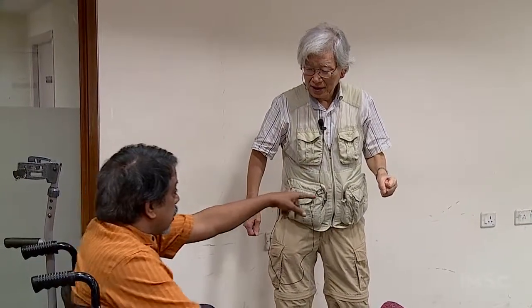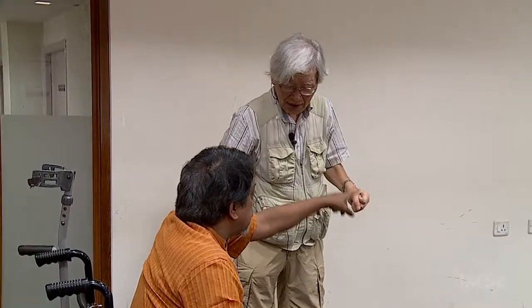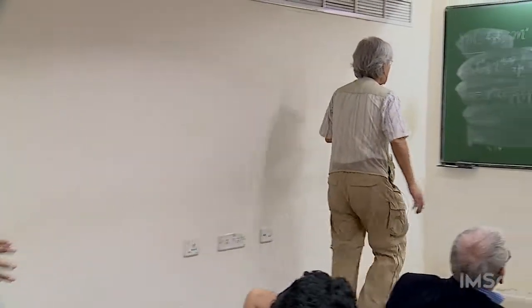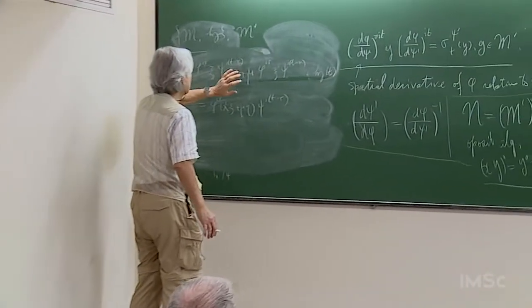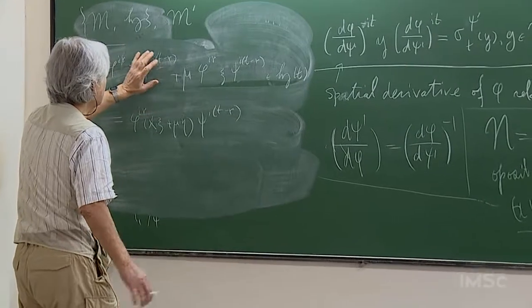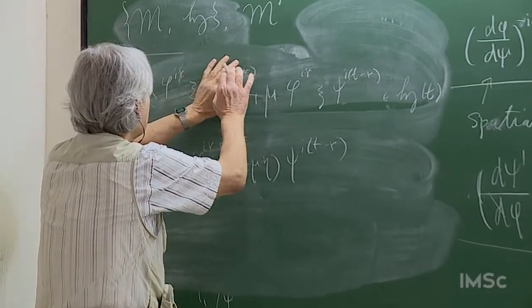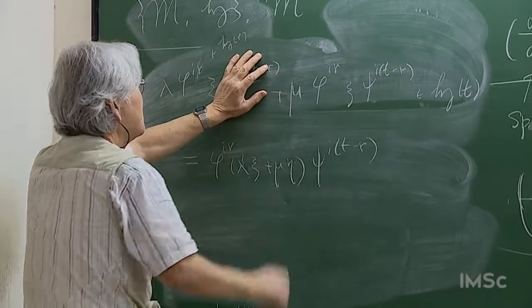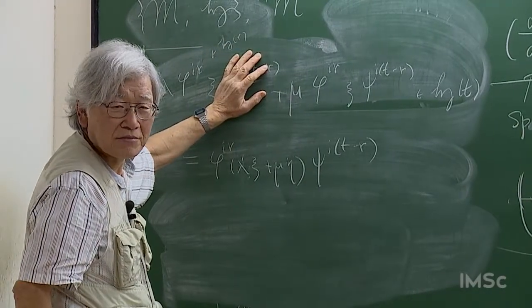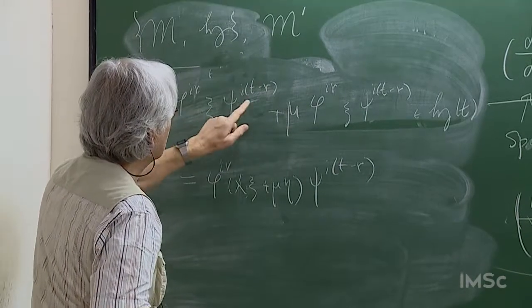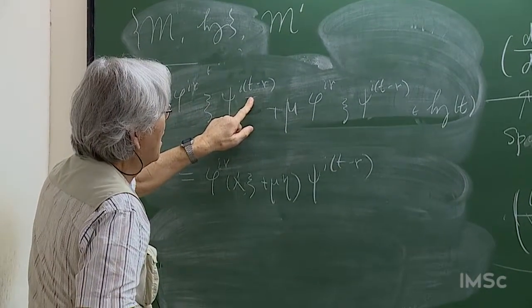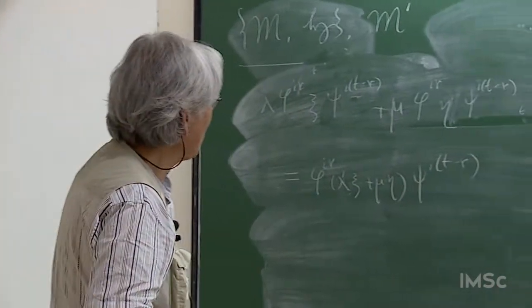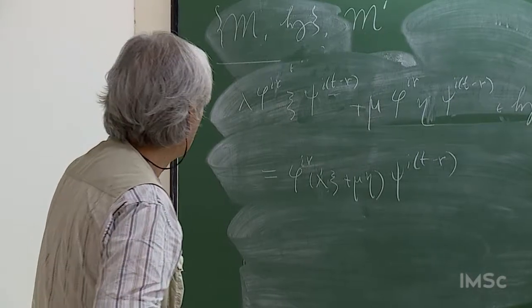In the first term you have R. After the plus, this one is eta. And then what is the R prime? Should it be R1, R2, something like that?